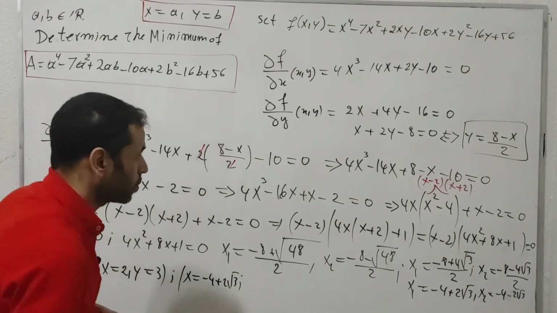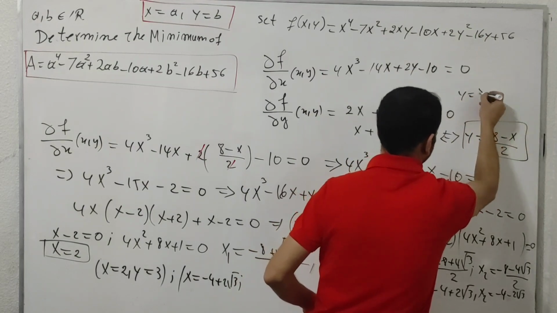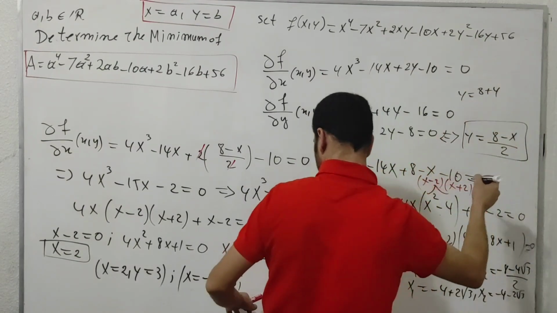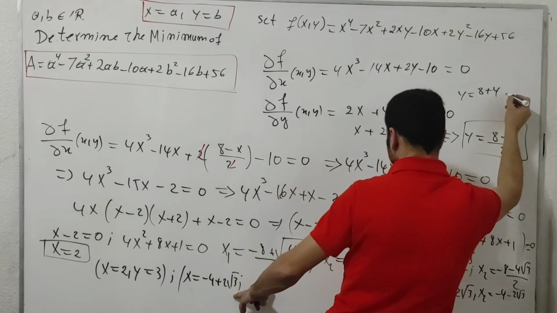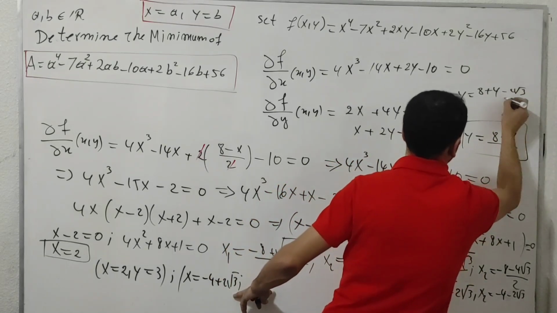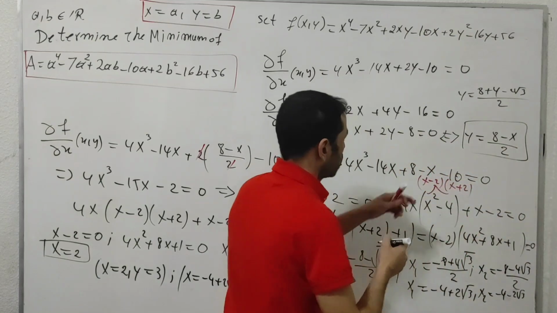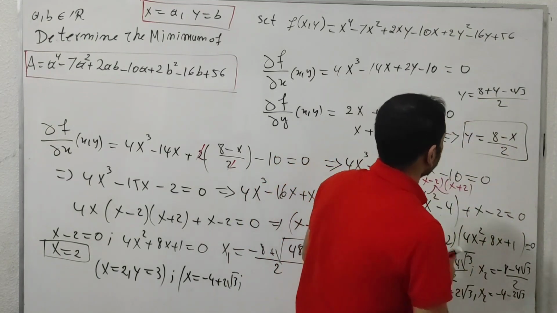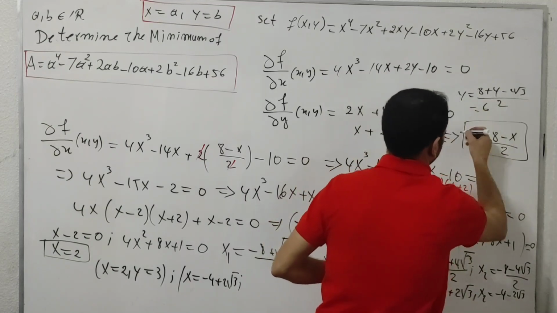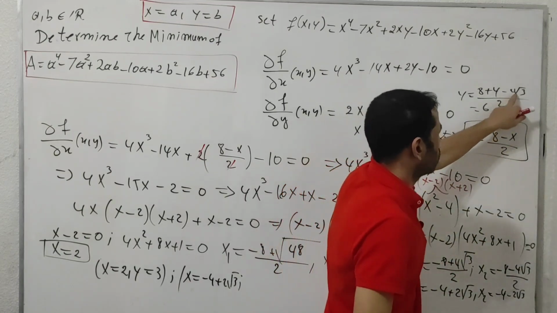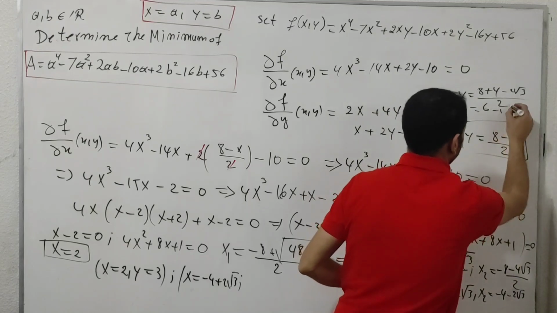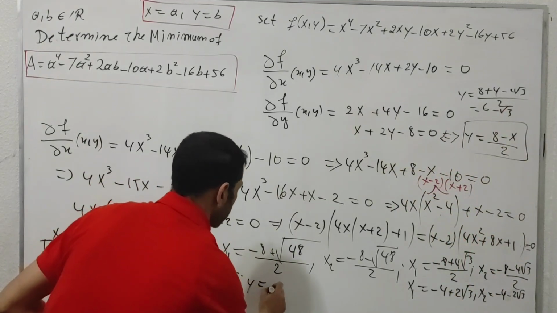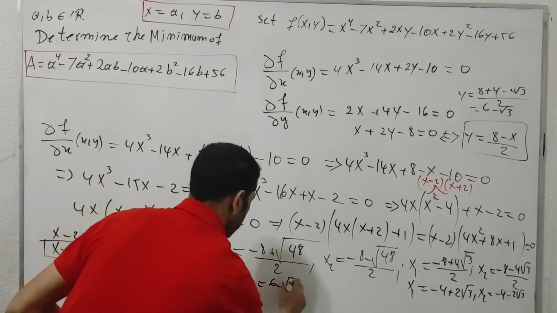In order to find y, by replacing, y equals 8 minus (minus 4 plus 2 square root of 3) all over number 2, okay. So 8 plus 4 is giving us 12. So I will reduce this one to 6. This one is giving us minus square root of 3, okay. y is giving us 6 minus square root of 3.